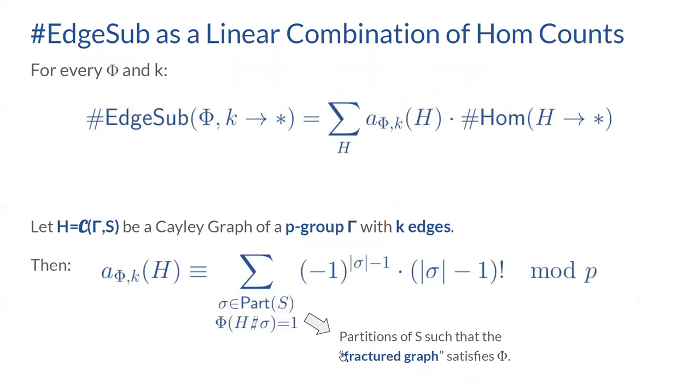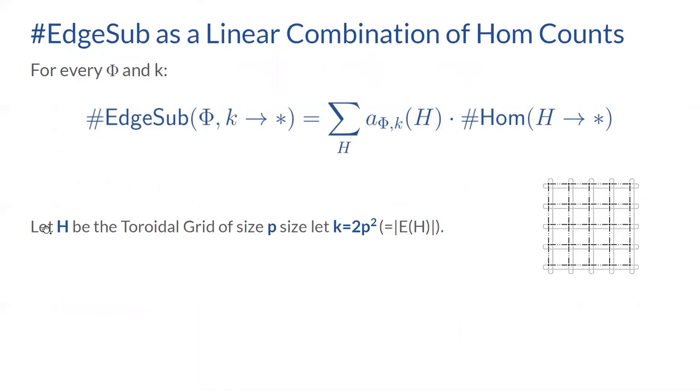Okay, so let's go back to this result here, and let's apply it to toroidal grids. Now let H be the toroidal grid of size p. So we have p vertices here and p vertices here. And let k be the number of edges of this toroidal grid, which is 2 times p squared.